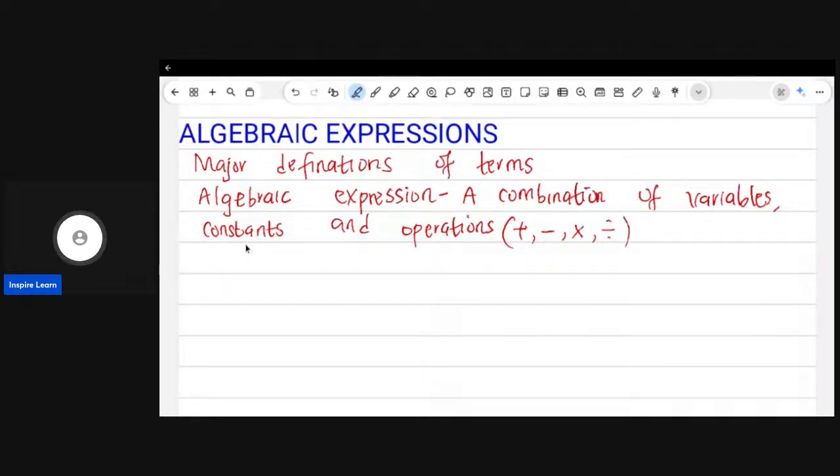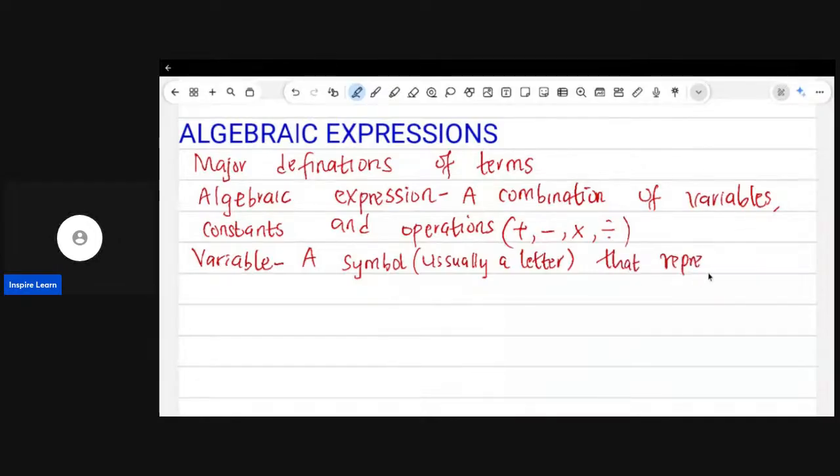Again, we can start defining what a variable is. For example, we're asked what a variable is. We see that a variable is a symbol, and most of the time we usually use a letter, that represents an unknown value.